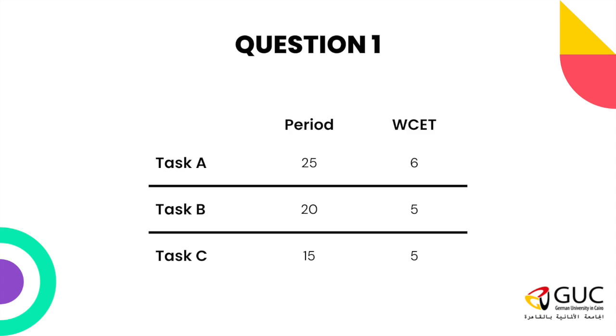So here, for task A, the computation time is 6 divided by the period 25. For task B, the computation time is 5 divided by the period, which is 20. And finally, for task C, the computation time is 5 divided by the period, which is 15. Okay, so to calculate the summation of the utilization, we'll be adding 6 divided by 25 plus 5 divided by 20 plus 5 divided by 15.